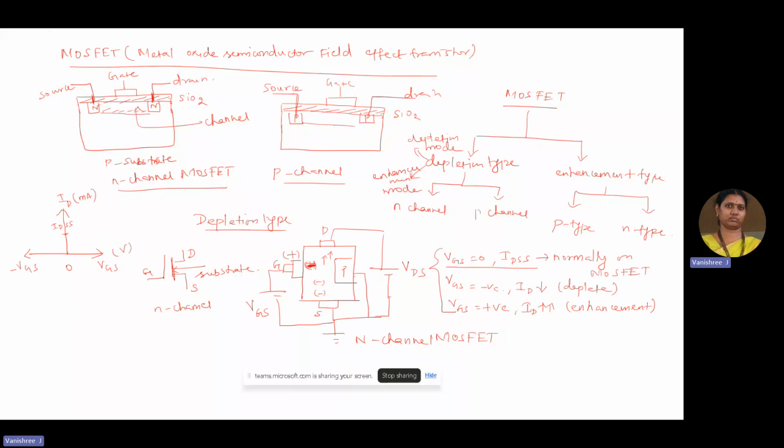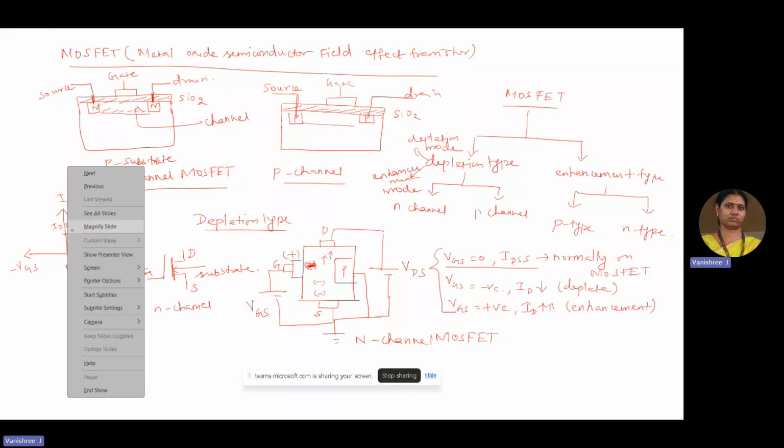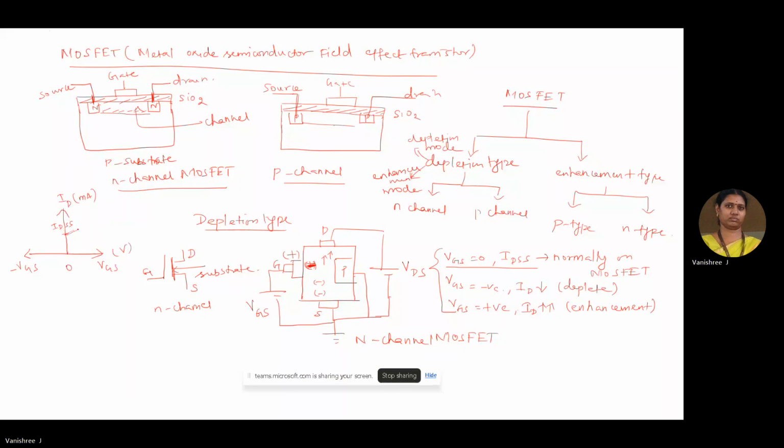So when the gate source voltage is increased in its magnitude positively, then from this value of IDSS, the drain current increases gradually, which is called enhancement. So this is the enhancement mode of operation.